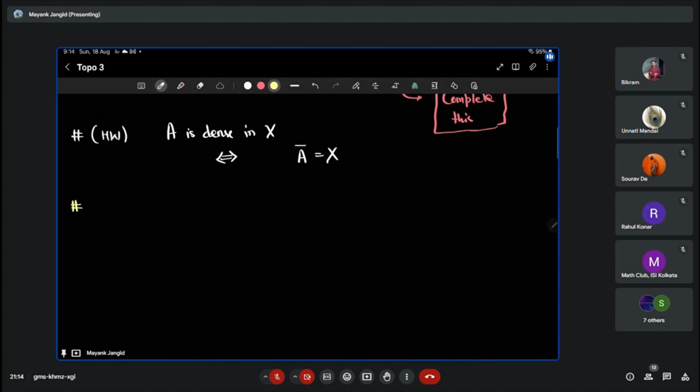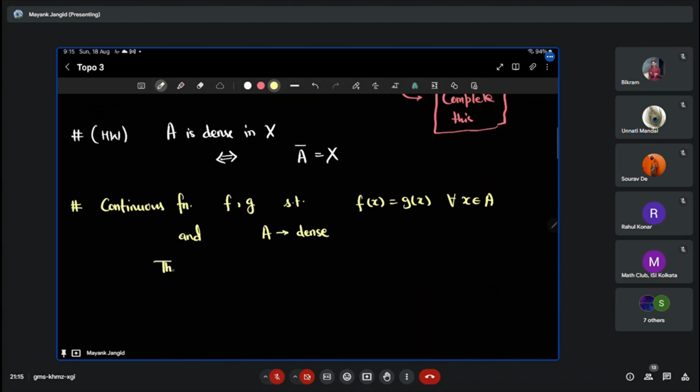If you have continuous functions f and g such that they agree on a dense set, such that f of x is equal to g of x for all x in A, and A is a dense set, that is its closure is the full set from the previous homework, then what we can say is f and g are equal.